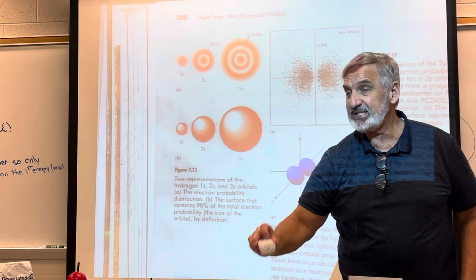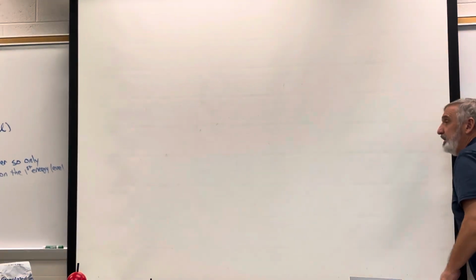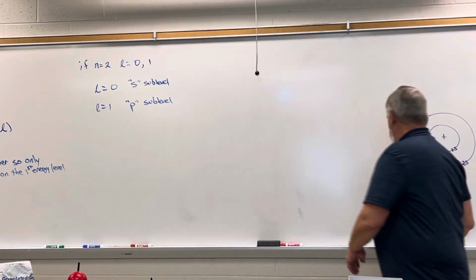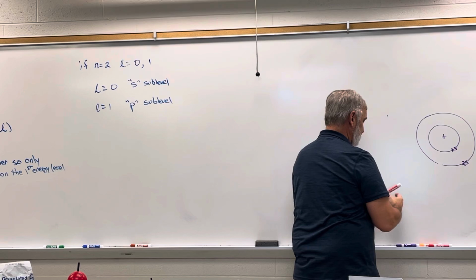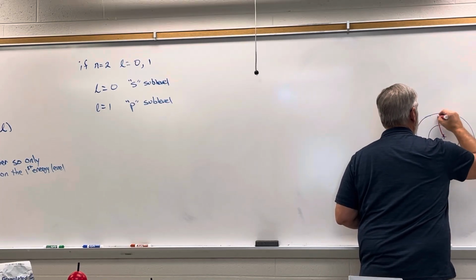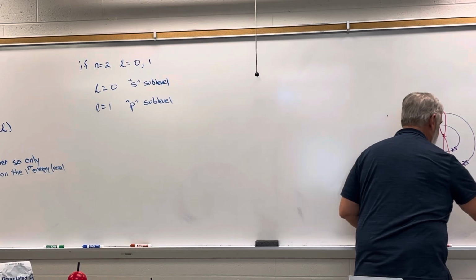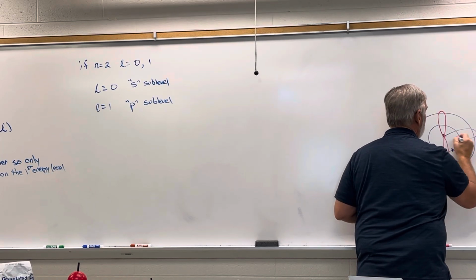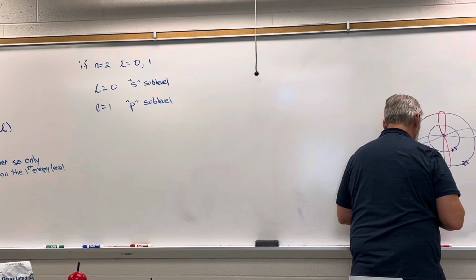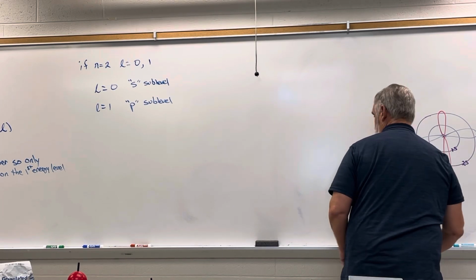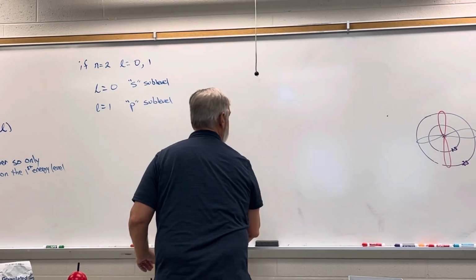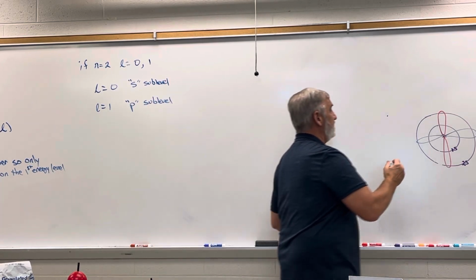So on my second energy level, not only do I have the s, but I also have my p orbitals. I can have a p orbital on the x, on the y, and on the z.